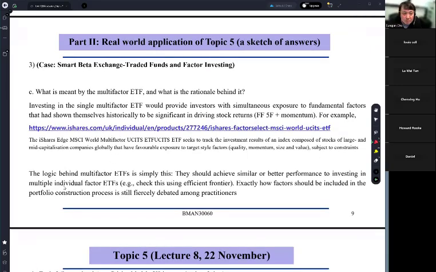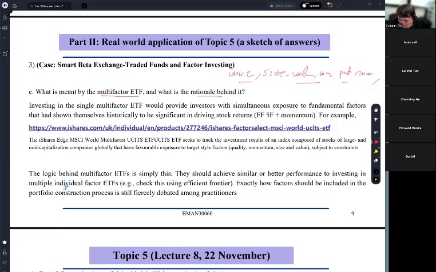Finally, what is meant by the multi-factor ETF? What is the rationale behind it? Now I said you could invest into a factor itself: size, value, momentum, profitability, investment anomaly, also market index, right? And all other things.